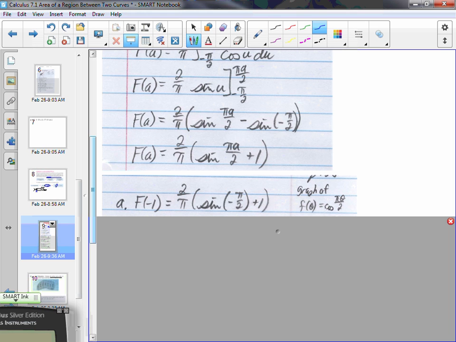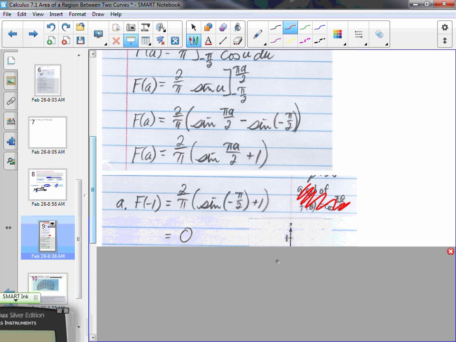Replace the a with negative 1. So pi times negative 1 is a negative pi. So negative pi over 2, plus 1. Well, just like a while ago, the sine of negative pi over 2 is negative 1. So in the parentheses, I have negative 1 plus 1. That's 0. 2 over pi times 0 is 0.